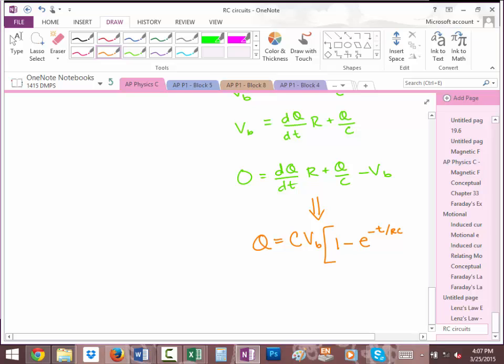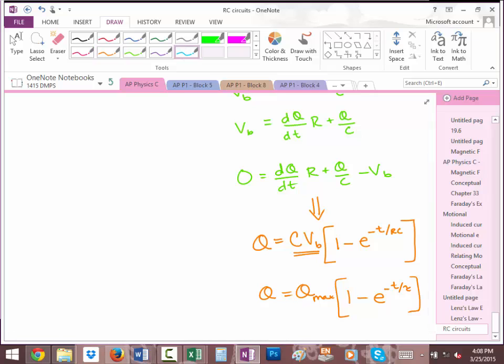Brian says, but wait, Miss Carboling, I don't want to write R times C. I said R sub C, I meant to say R times C. I want to write what? Tau. And oh, by the way, this C times VB thing, that's also just the maximum Q. And then you're going to put a box around that one.